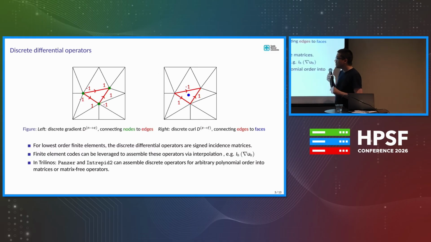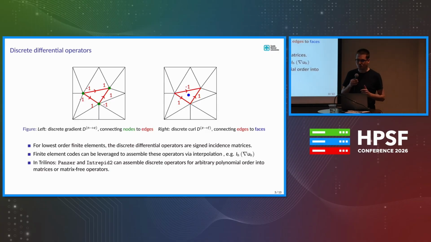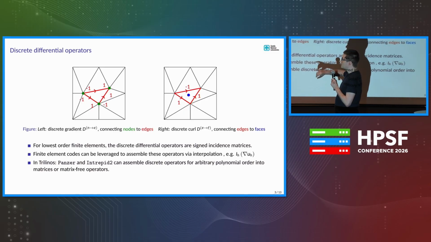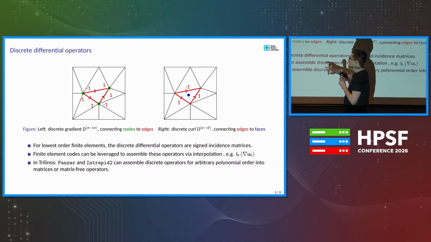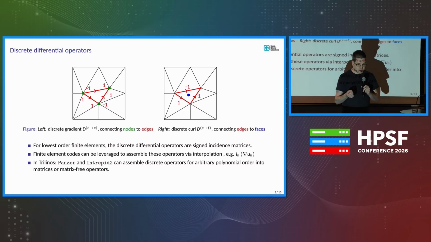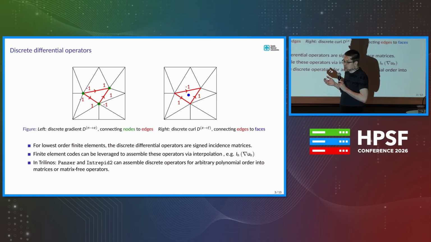I've talked a little bit about these discrete differential operators. So what do they actually look like? The first one is the discrete gradient operator. It is an operator that moves between a nodal discretization and an edge discretization. It's a gradient.